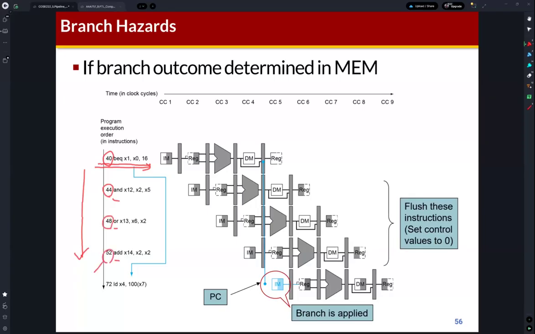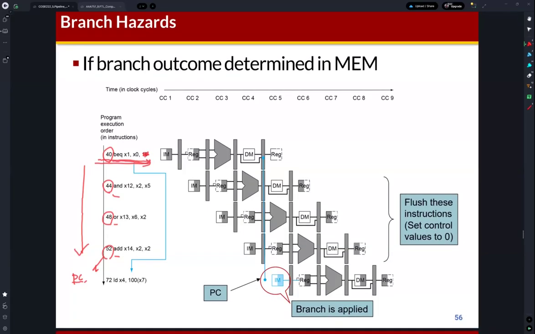This number is the PC of the instruction. The PC of the BEQ is 40.